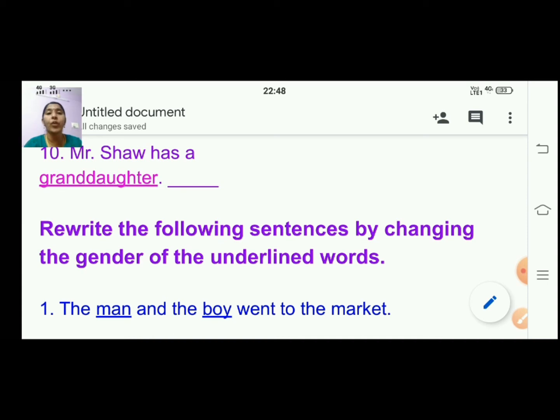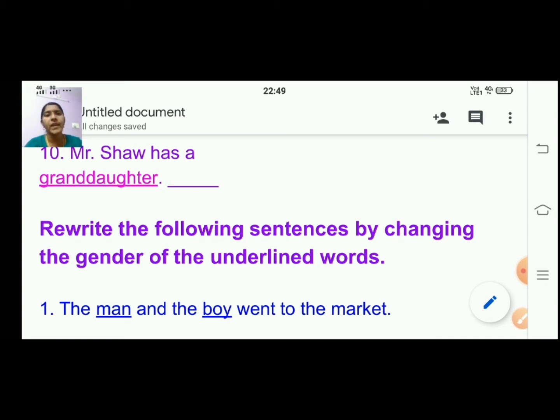Now man and boy, what will you say? It is masculine or feminine? Yeah, it is masculine. So now what you are going to do, you are going to change it as feminine gender. Female, you are going to make it as a female one. Now here man and boy.